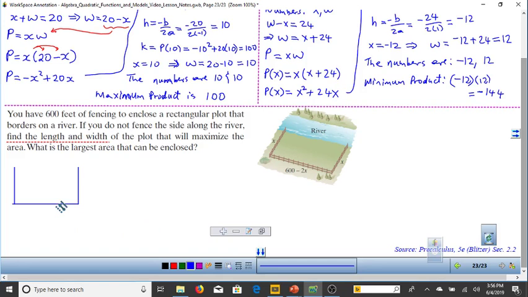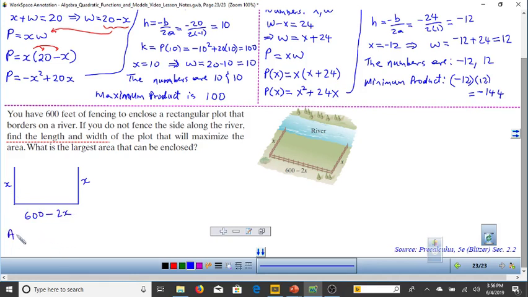That's the rectangular region. One part of it is covered by a river, so we don't have any fence for that side. Let's call this piece x and that piece x. That's the part that's perpendicular to the river. And then since the whole length is 600, the rest is 600 minus the 2 x's that you used over here.